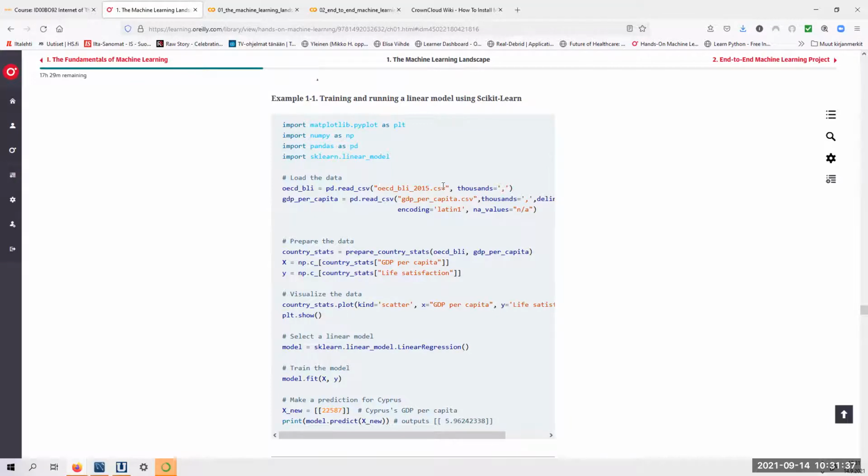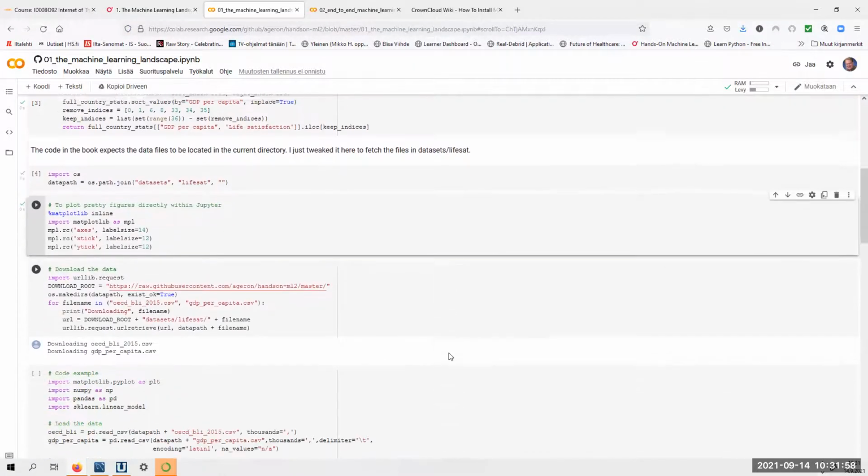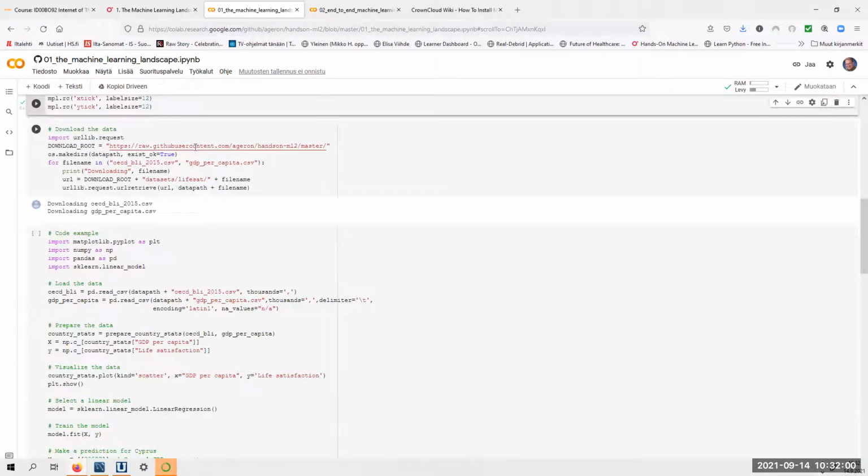So you see, the original data is just CSV, comma separated values. Like the name implies, the values are separated by commas. Very simple file format. And as you see here, this original script downloads those data sets from GitHub.